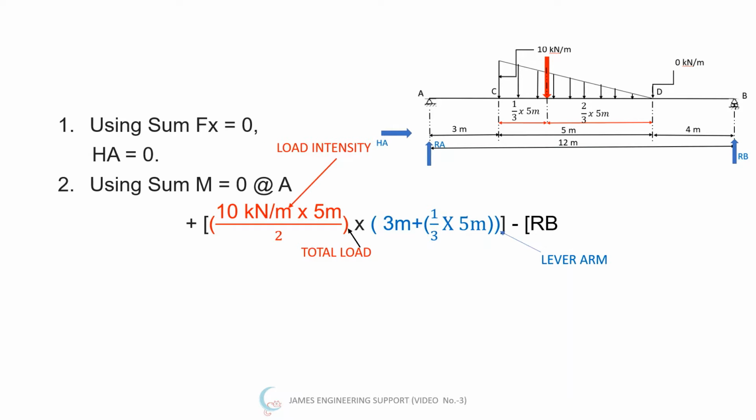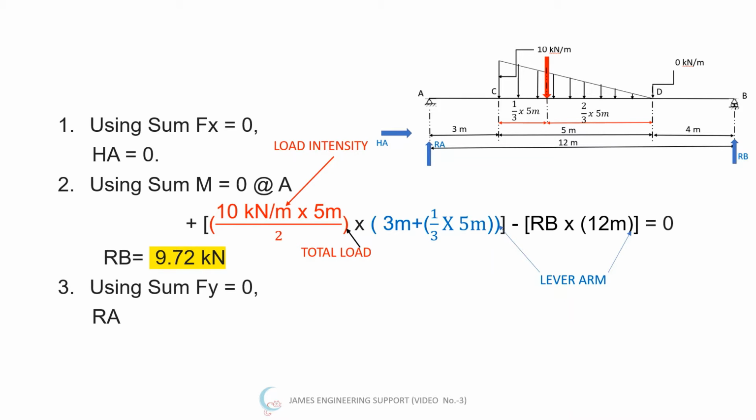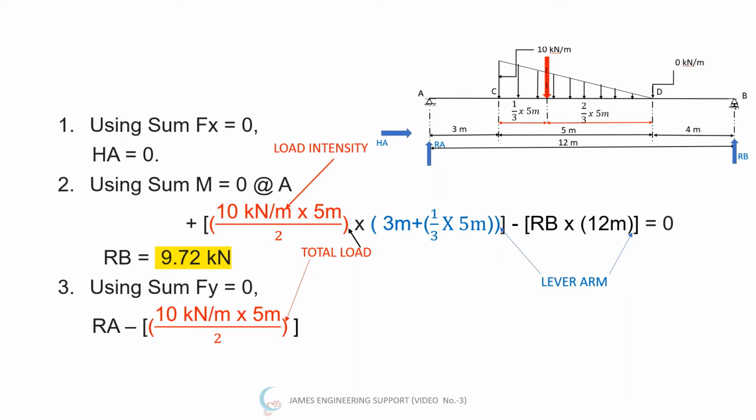Then we will consider the anti-clockwise moment, which will be produced by RB. So RB multiplied by 12 will be the lever arm. Then after equating it to 0, we will get RB as 9.72 kilonewton. So next we will consider the vertical reaction, that is RA positive minus 10 kilonewton per meter multiplied by 5 divided by 2.